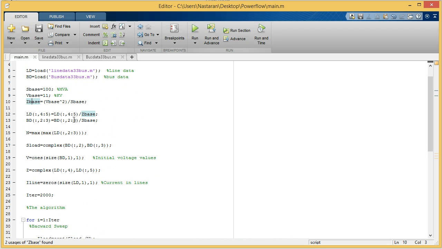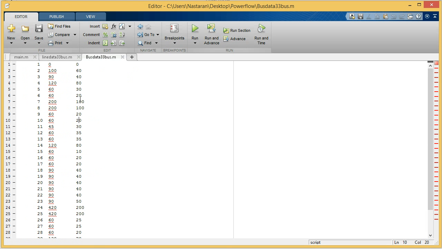That's true. Okay, I see the problem. Here I should write. Okay, so this is 100 megavolt amperes, and the values indicated in BD, these are in kilowatts.